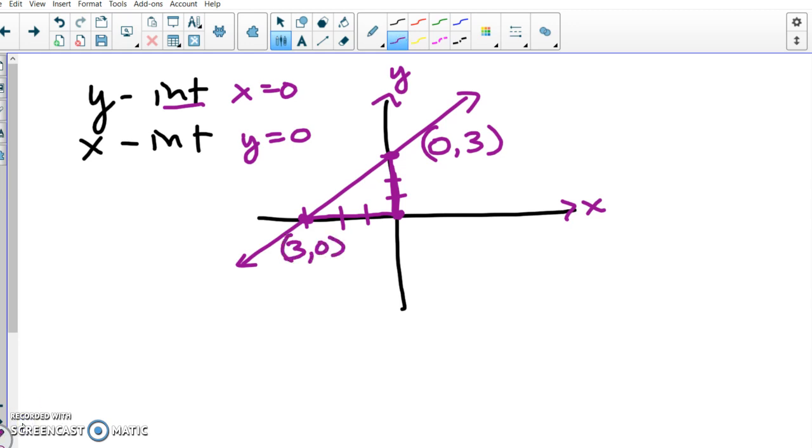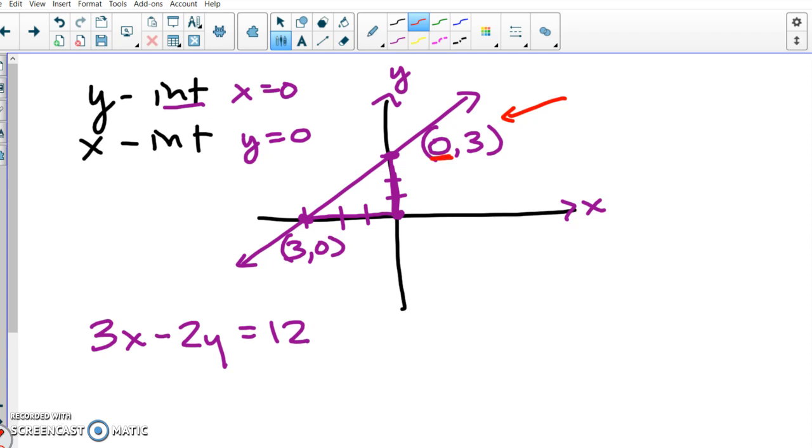The other way we can look at intercepts is when we have a function. Let's look at example 1, part B. It says we have, in standard form, the function 3x minus 2y equals 12. Well, up here in this example, we see when x is 0, we can find the y-intercept.